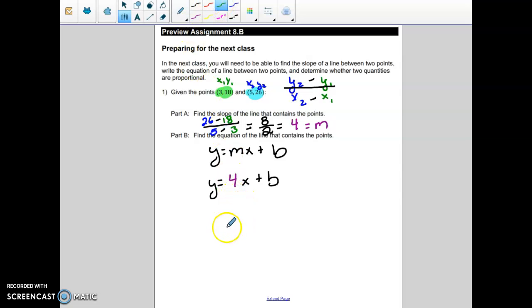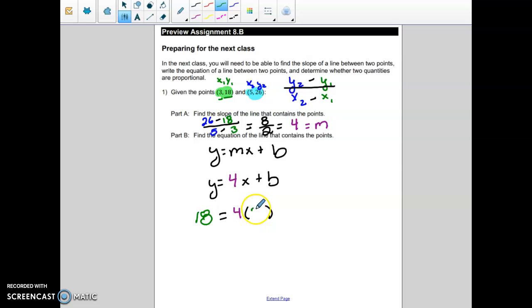So substituting in, instead of y, we're going to say 18. Again, we're pulling that from up here. Equals 4 times x. Now instead of x, we're going to pull a 3.